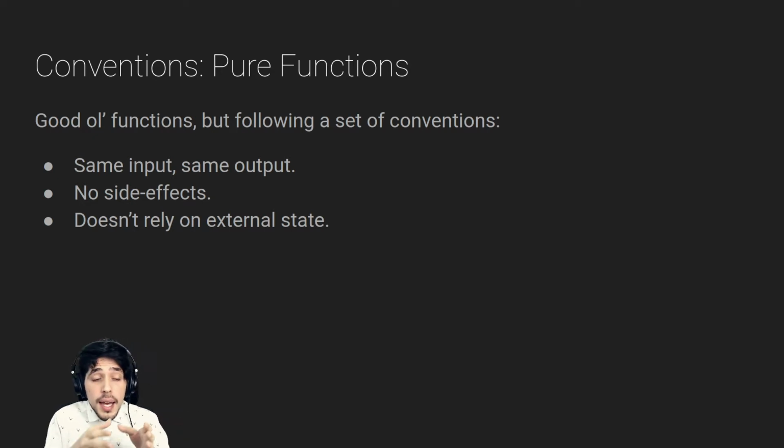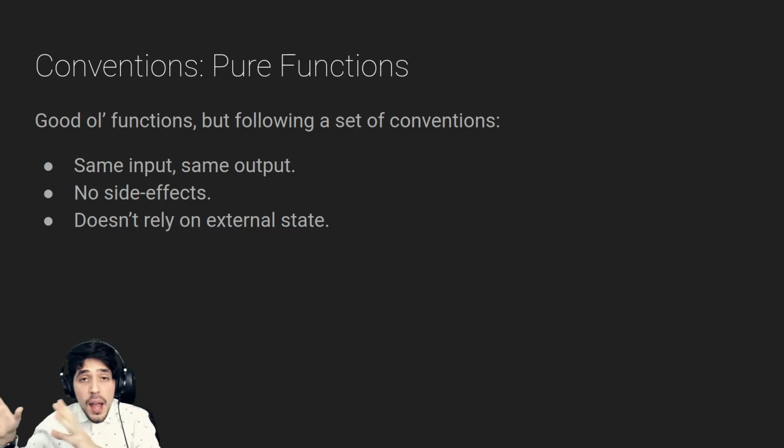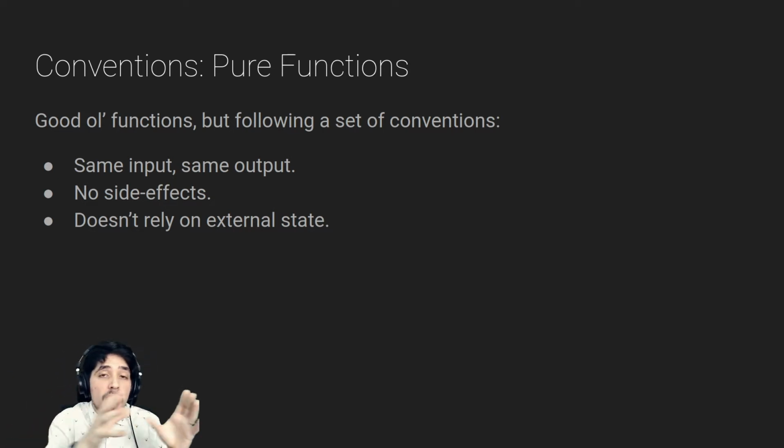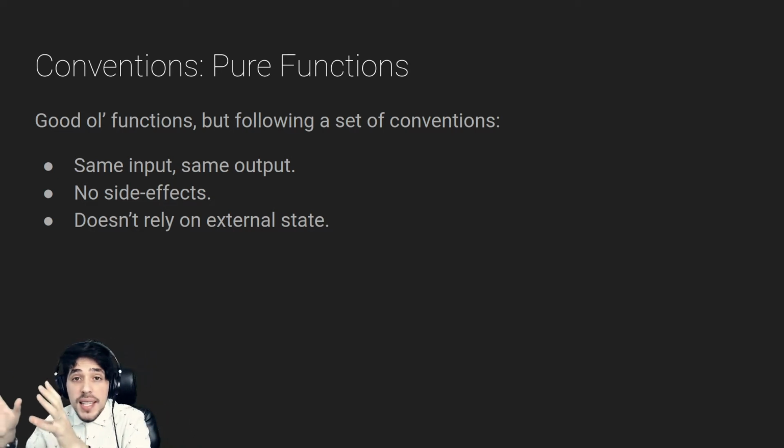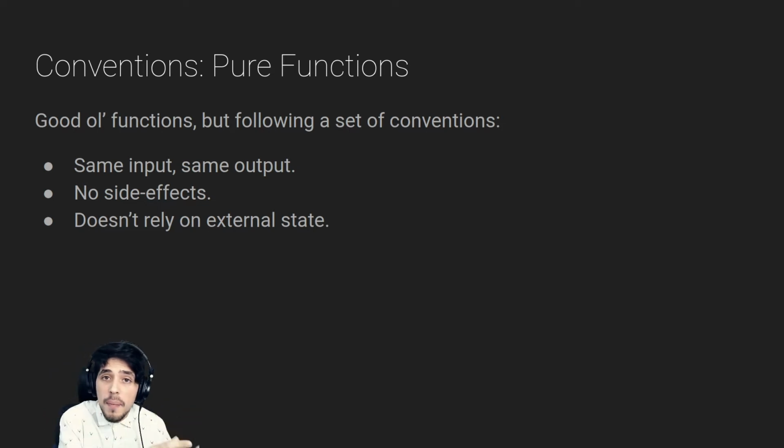This rule that says same input, same output basically means that every time we receive a 2, we should be returning a 3, never a 4 or a 5 or a 6 or anything like that. Every time we have the same input, we have the same output. That never changes, okay? So that's one of the rules of a pure function.